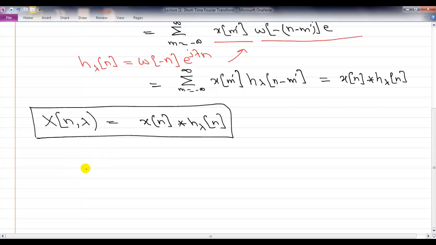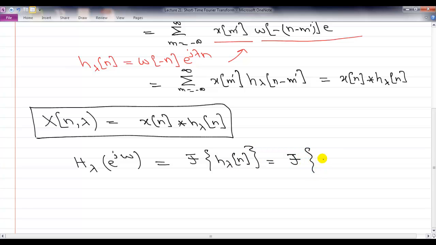Define the Fourier transform of h lambda of n, H lambda of e to the j omega, as the Fourier transform of w of minus n e to the j lambda n.